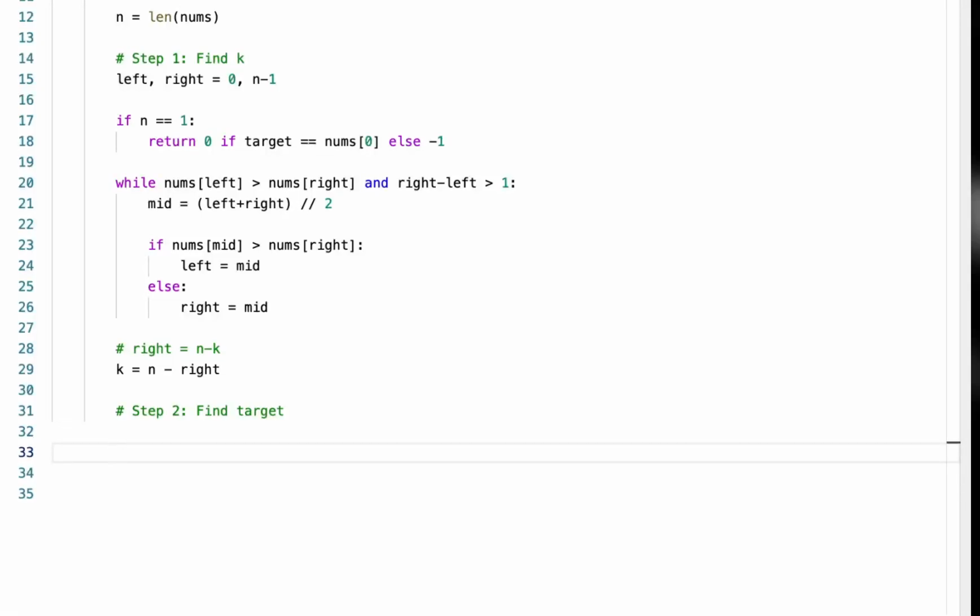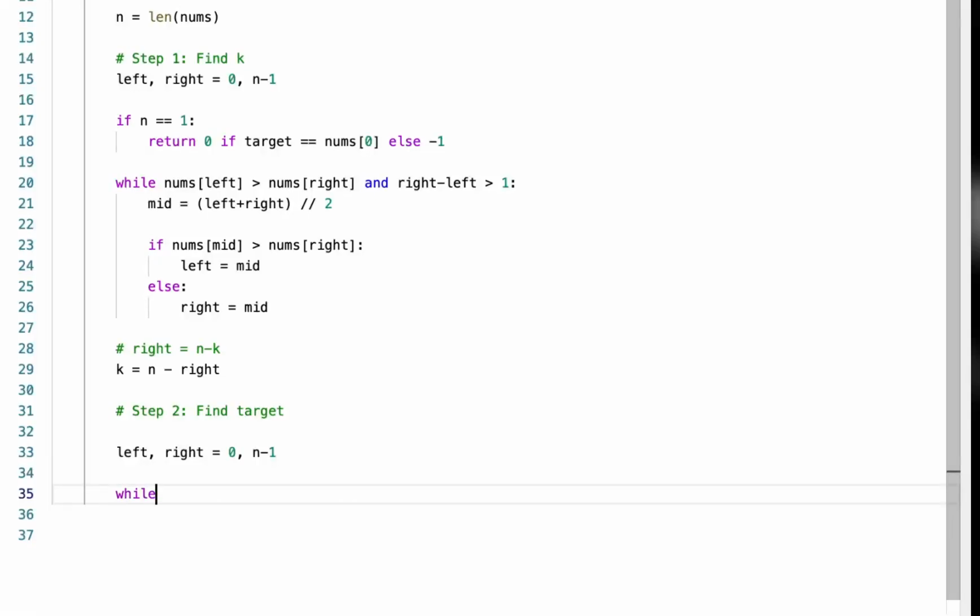And what we do here is we set up left and right being 0 and n minus 1, and we are doing the same thing here.